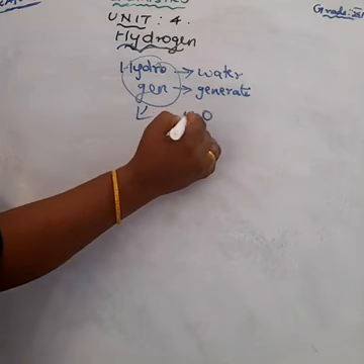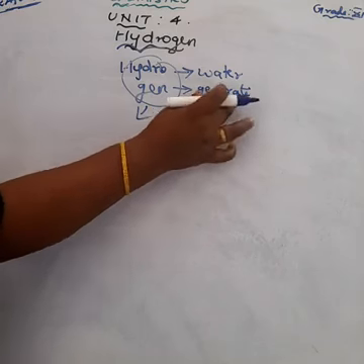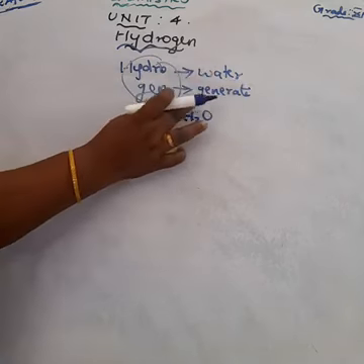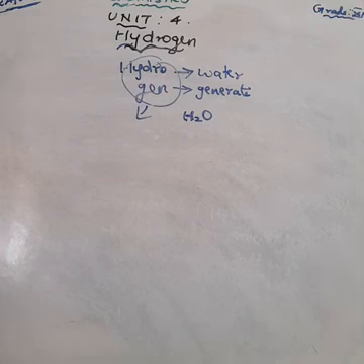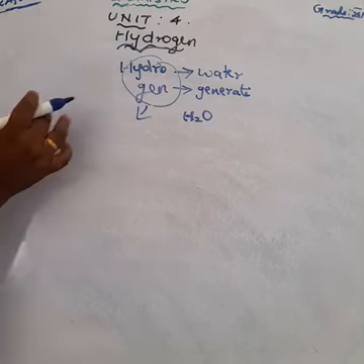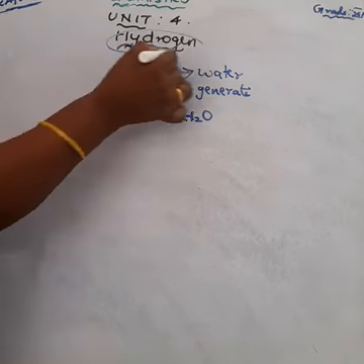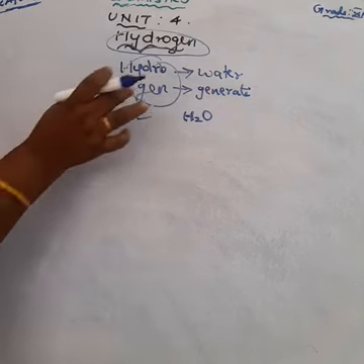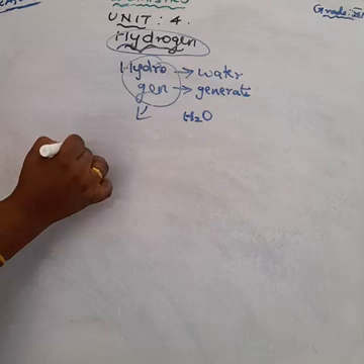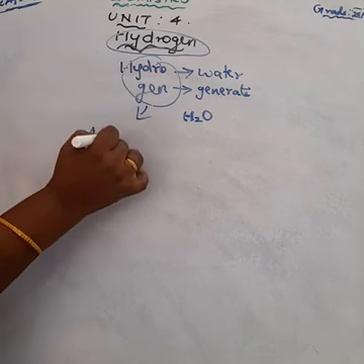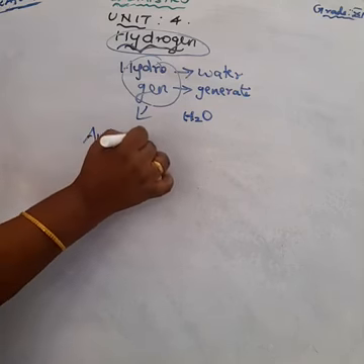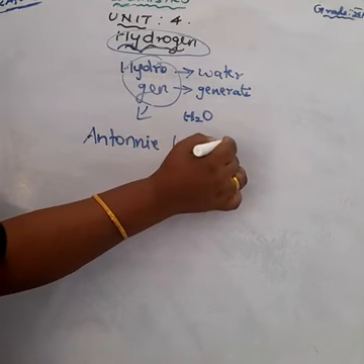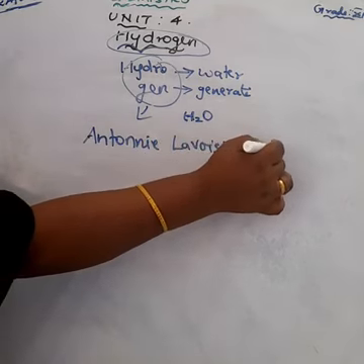Without hydrogen nothing has water. So hydro means water, gen means generates. That's why the name hydrogen is formed. The name hydrogen was given by Lavoisier, the father of chemistry. We know Antoine Lavoisier, he is the discoverer of hydrogen. Understood?